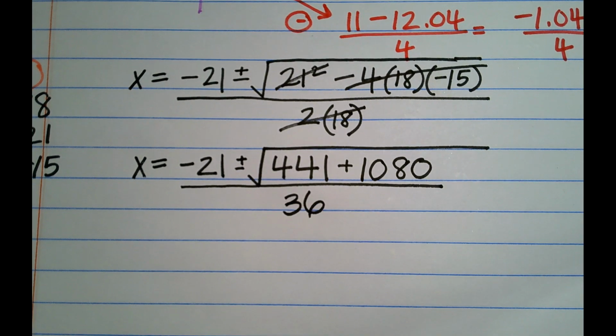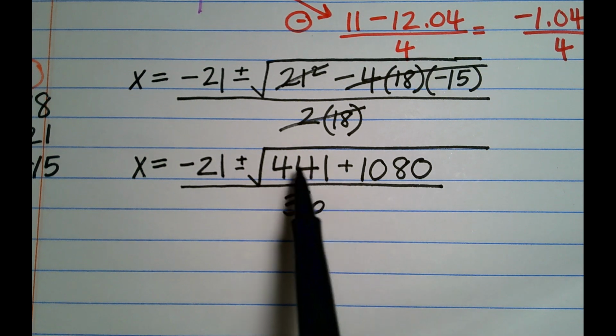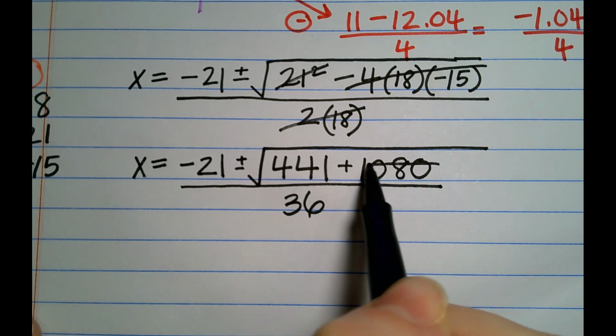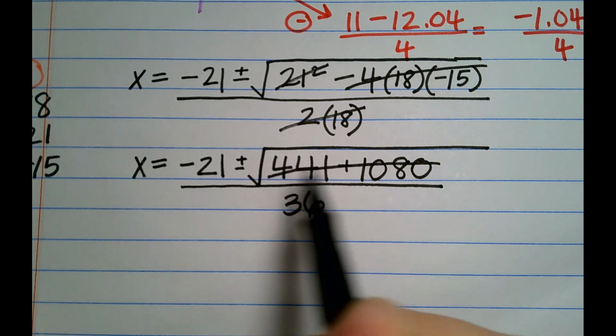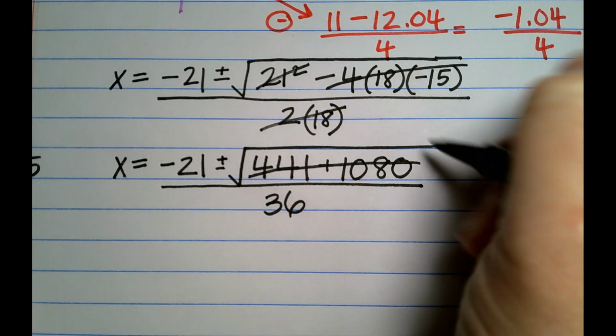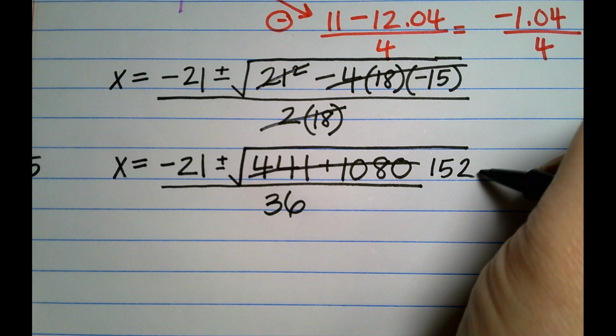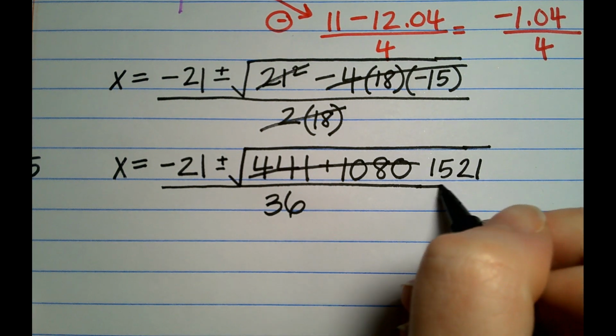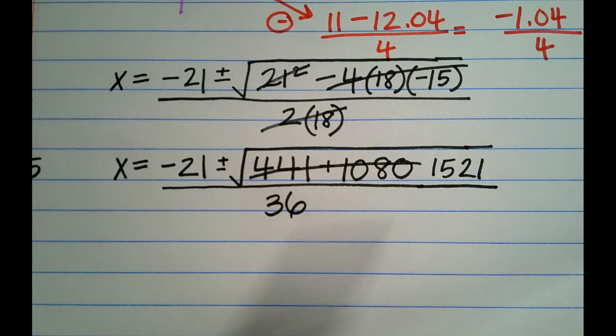Perfect. Okay, what is there left to simplify? Yeah, 441 plus 1080. We need to get that number under the square root together. What is that when I add those together? 1521. And that is still under a square root. So, there's one last step.